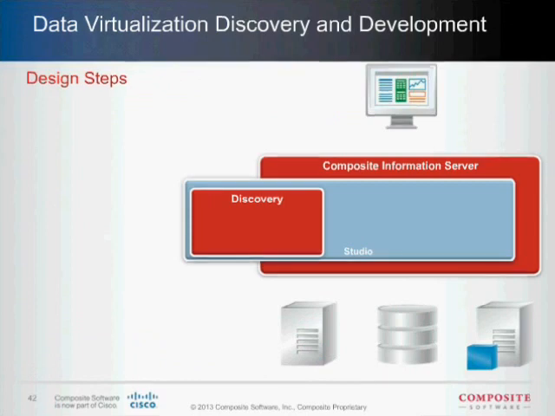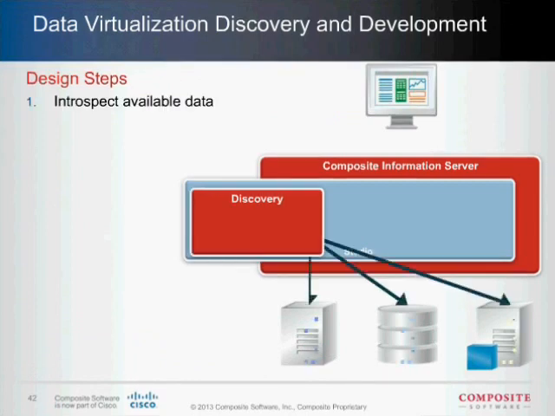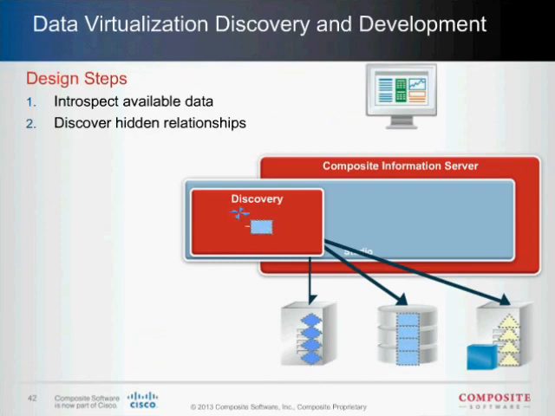And this discovery tool is a form of exploration of your data where it profiles the actual data and finds relationships that may exist across multiple data sources. And if you think about this, this is really important because if you don't have all of your data in one place, then there is not a natural schema that defines relationships between the multiple sources.